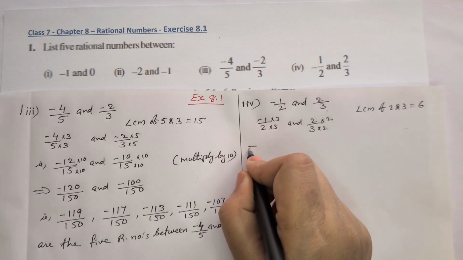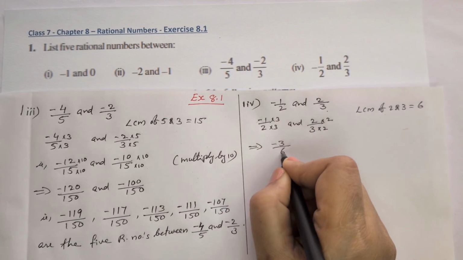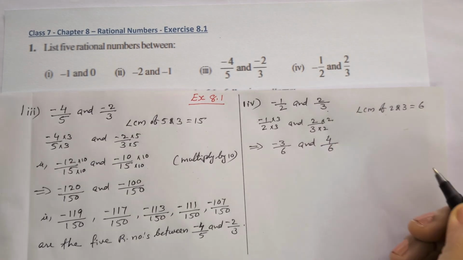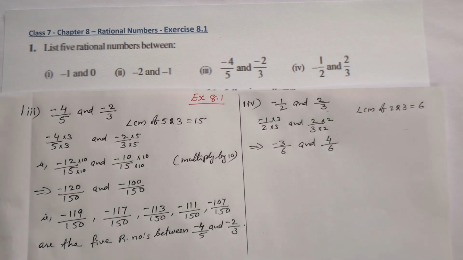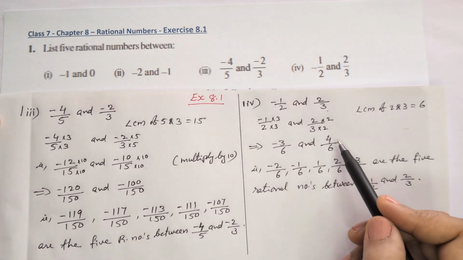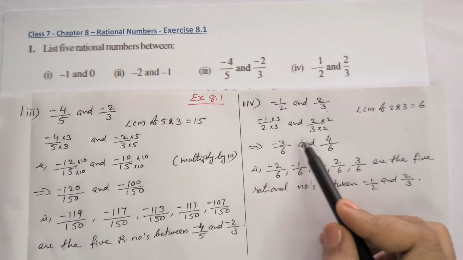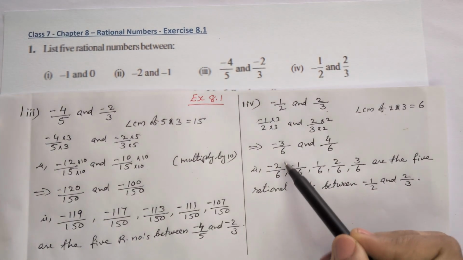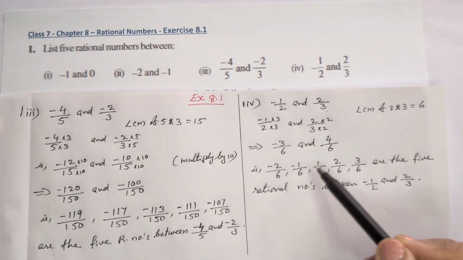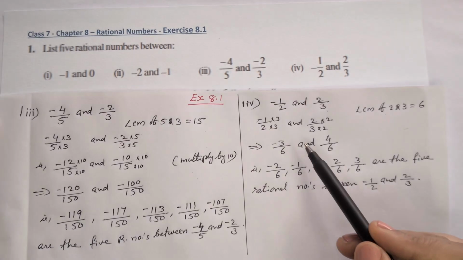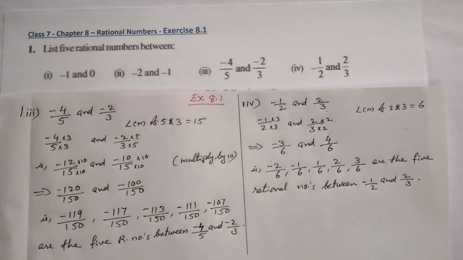So it will come -3 by 6 and 4 by 6. Here in between -3 by 6 and 4 by 6, we will get 5 rational numbers. Straight we can write -2 by 6, -1 by 6, 0 by 6, 1 by 6, 2 by 6 and 3 by 6 are the rational numbers between -1 by 2 and 2 by 3.